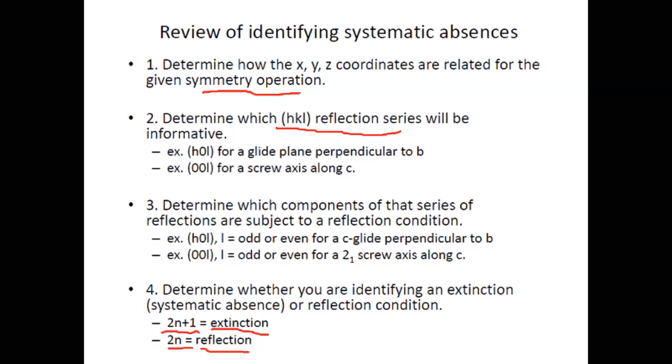So if you go through and you see all the odd of a particular reflection are absent, that's an indication that you may have this symmetry operator present. If you see only the even are present for a particular HKL family, then that tells you maybe you have this particular symmetry operator present.